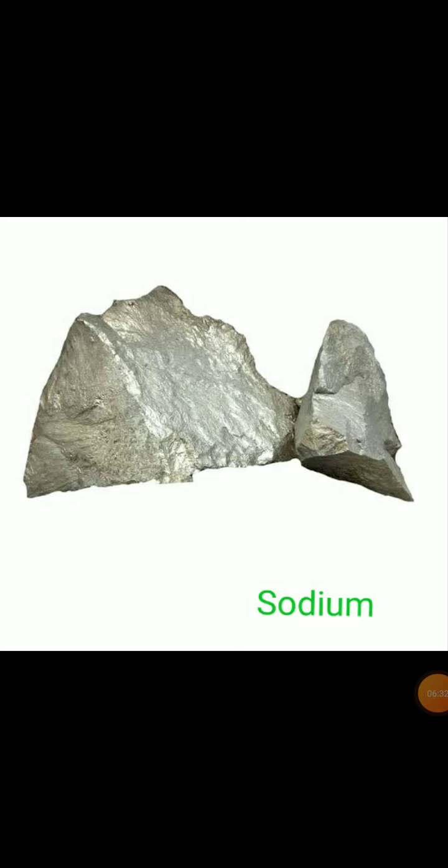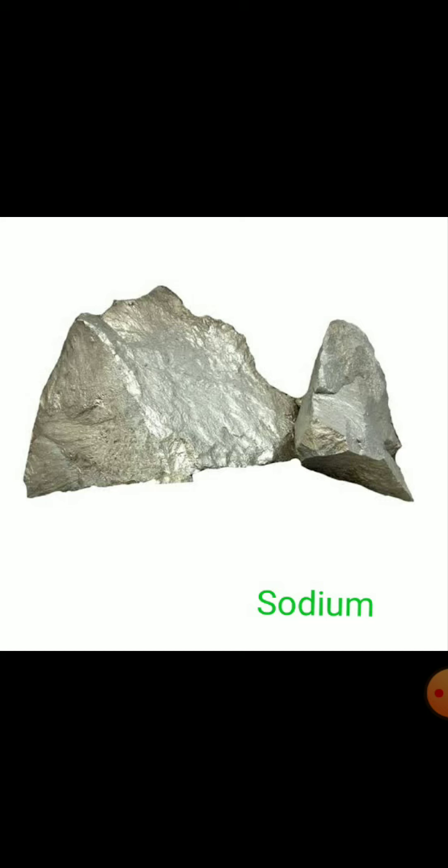For example, sodium, magnesium, and calcium are obtained by the electrolysis of their molten chloride. The metals are deposited at the cathode, which is the negatively charged electrode, and chlorine at the anode, which is the positively charged electrode.